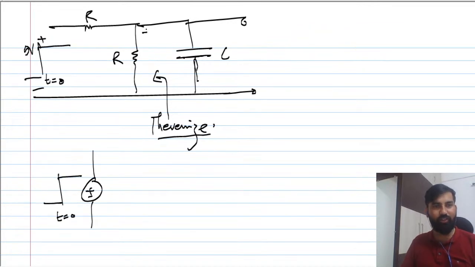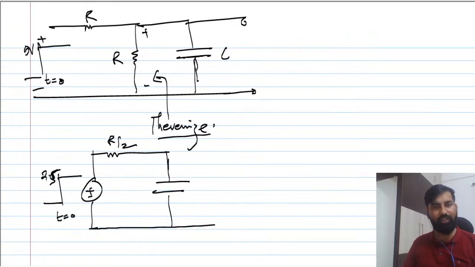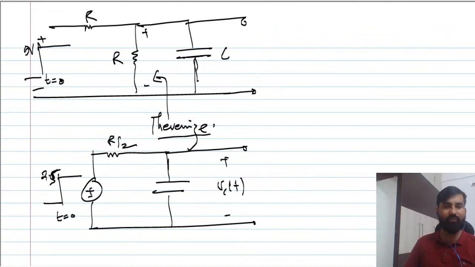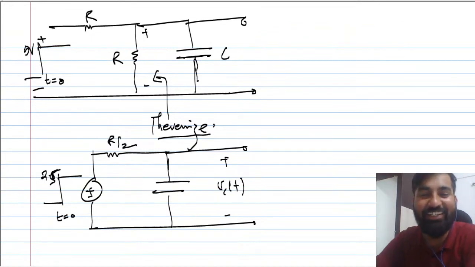What will be the voltage across this? Thevenin voltage, 5 volt is there na, so it is 2.5, and this is R by 2. So again you got the RC circuit only, and analyzing RC circuit is a very simple job.